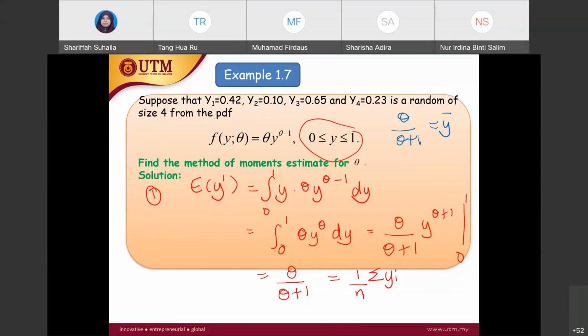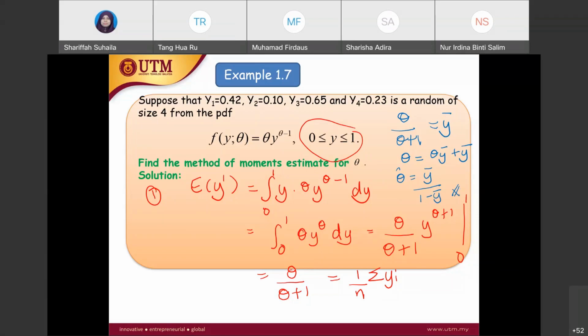So, selesaikan kita punya nilai theta. So, you solve for your theta. So, you have theta y bar plus y bar. So, selesaikan theta, simplifykan. So, you just have here is theta hat, y bar over 1 minus y bar.